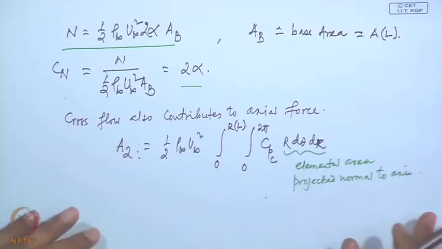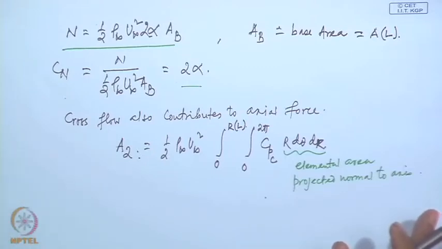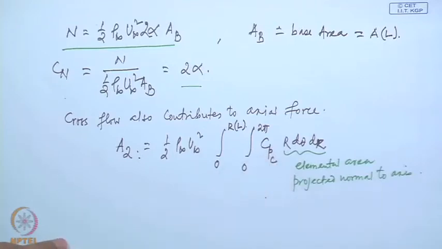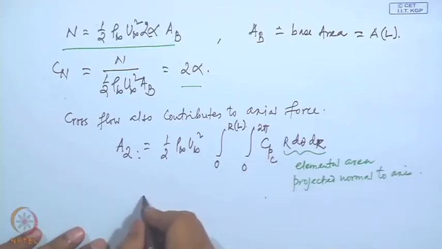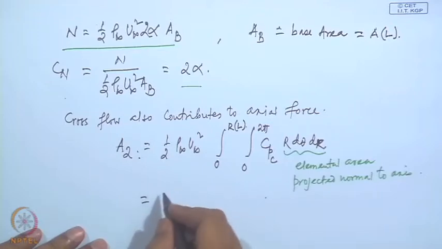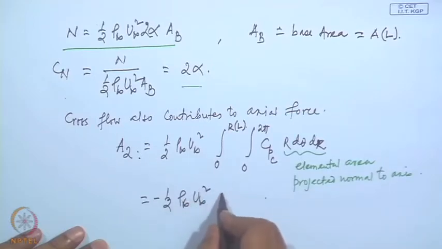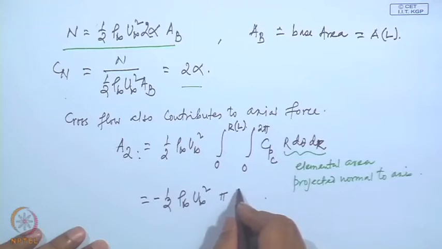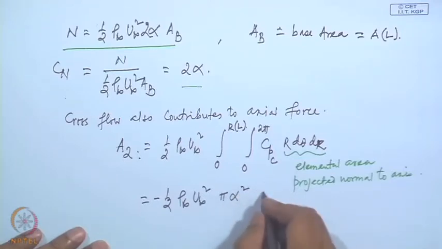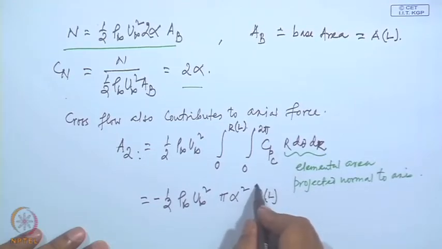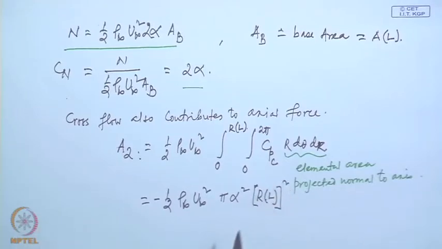And once again, if we substitute this C P C, the cross flow pressure, the result comes out to be minus half rho infinity u infinity square into pi alpha square R L square or R B square.